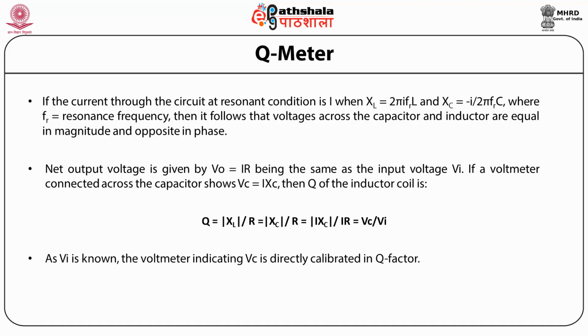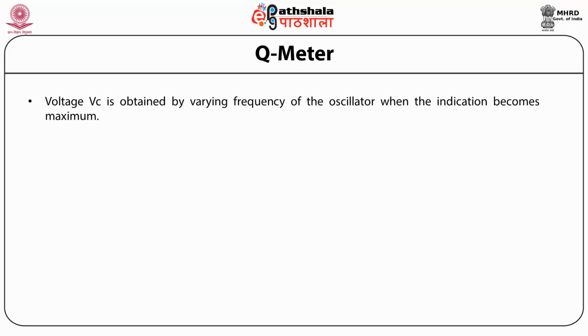As Vi is known, the voltmeter indicating Vc is directly calibrated in Q factor. Voltage Vc is obtained by varying the frequency of the oscillator until the indication becomes maximum.